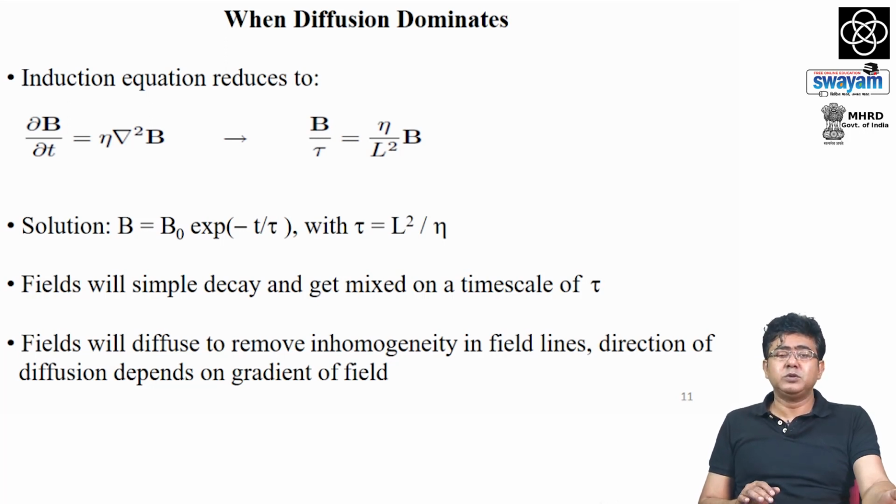And it is indeed true that what this implies is, if this is the only remaining term, then any initially existing magnetic field at a given point in time will essentially diffusively decay with a characteristic time scale, which is governed by the diffusion coefficient eta and goes as L square by eta, right.